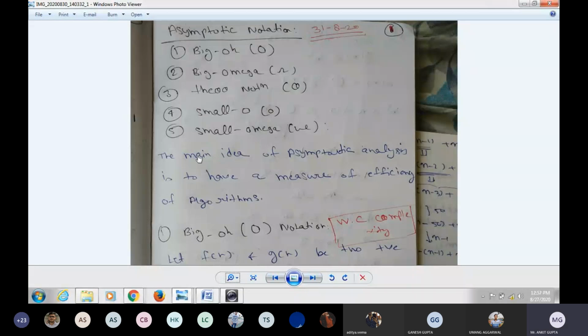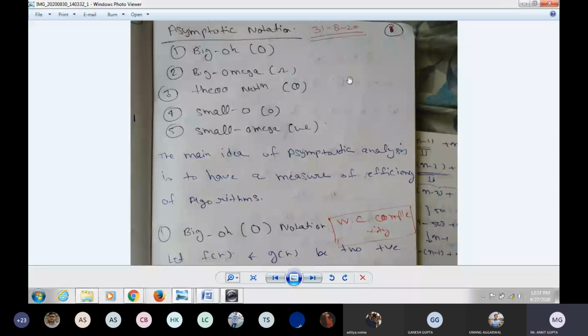So the main idea of asymptotic analysis is to have a measure of efficiency of an algorithm. Using big O, I can find the complexity in the worst case. Using big omega, I can find the complexity in the best case. Using theta, I can find the complexity in the average case.